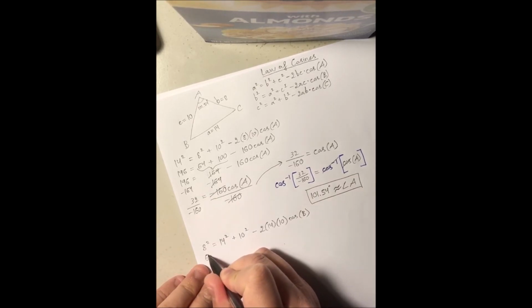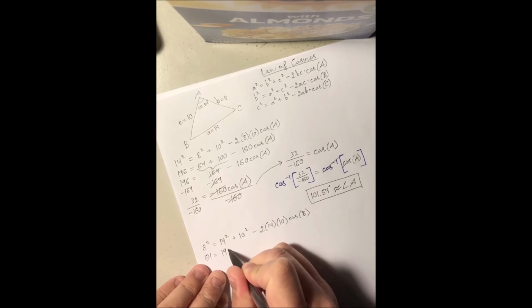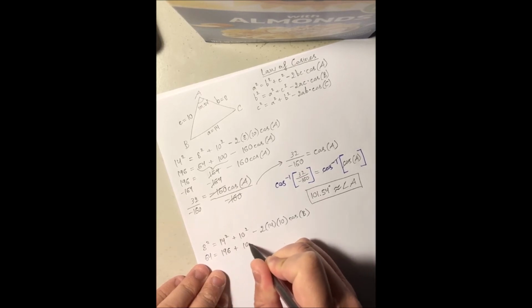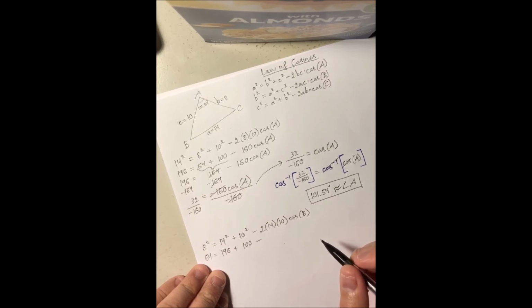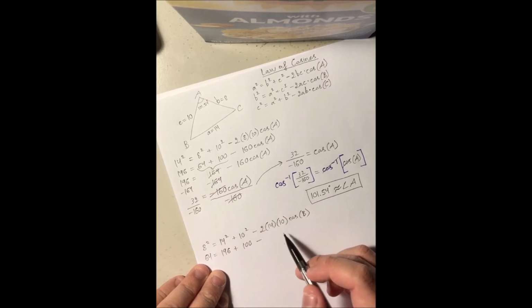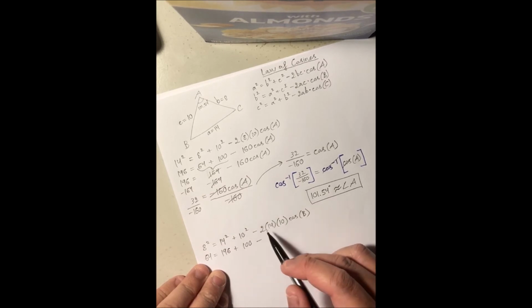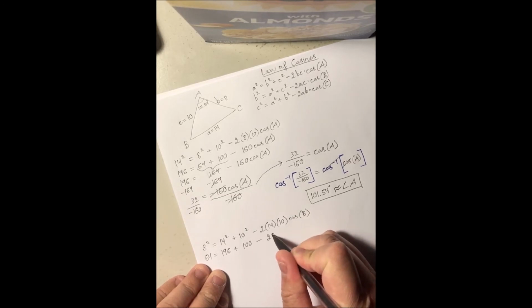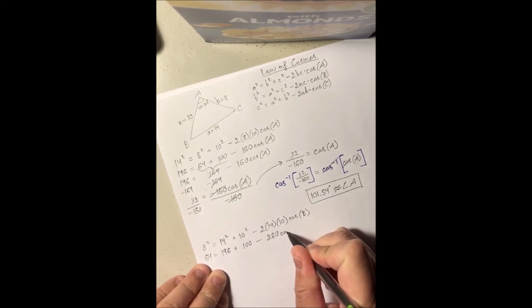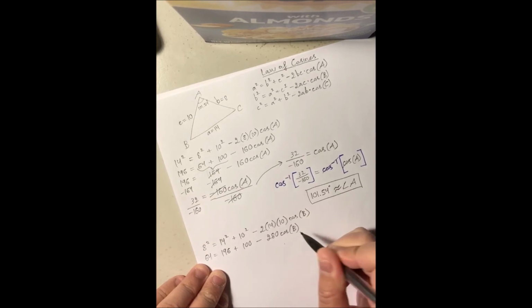This is 64 equal 196 plus 100 minus, let's see, 14 times 10 is 140, 2 times 140 is 280, times cosine of capital B.